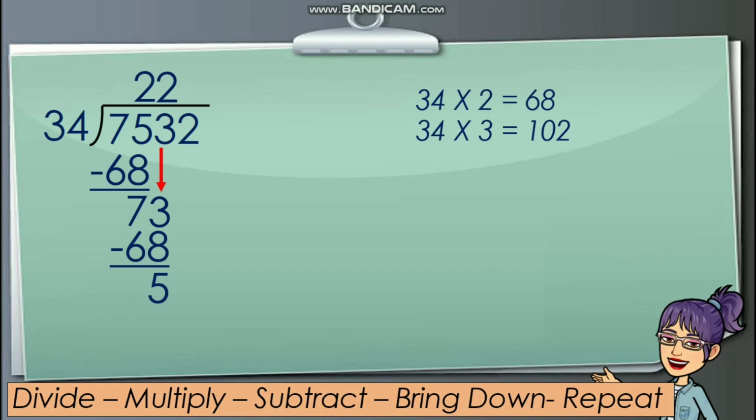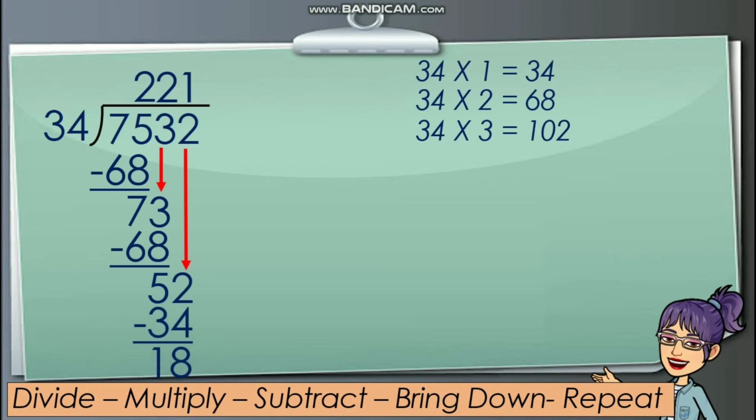Since we still have more digits to bring down, we will bring down the next digit, which is 2. 52 divided by 34 is... you're right, it's 1, because 34 times 1 is 34. So we will subtract 34 from 52, and the answer is 18.